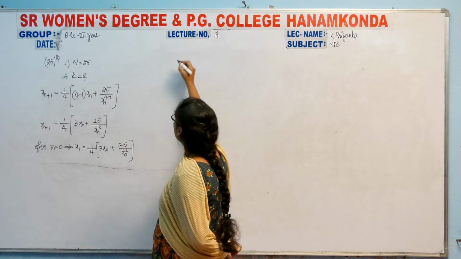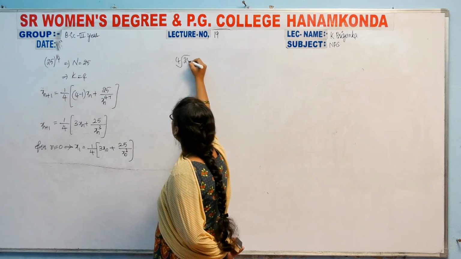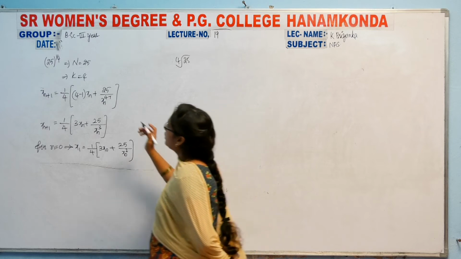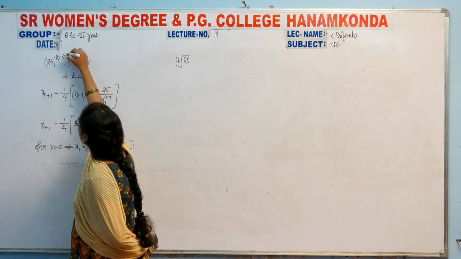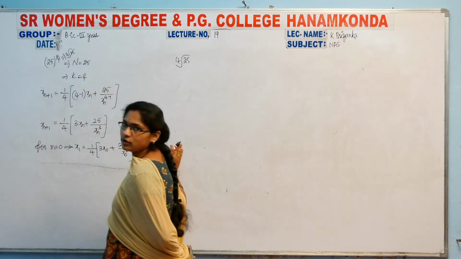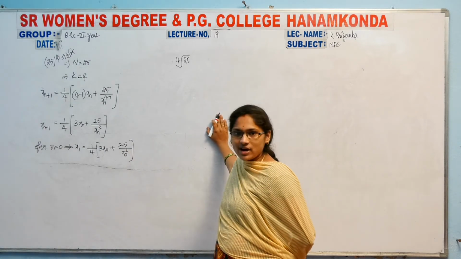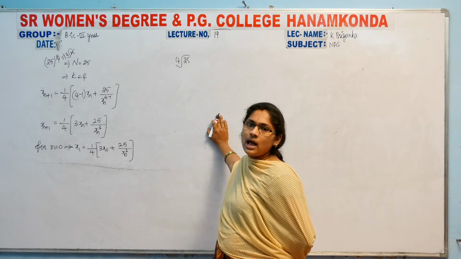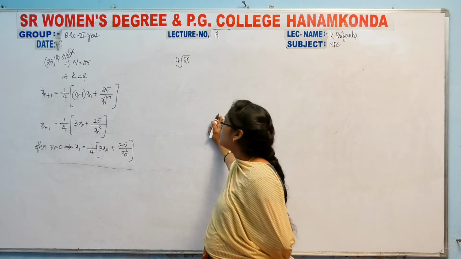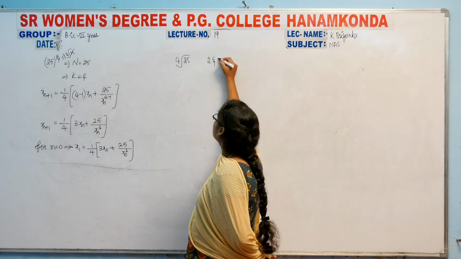The meaning of that is 4th root of 25. You can write like this also. 4th root of 25, and write down this function lies between 2 and 3.